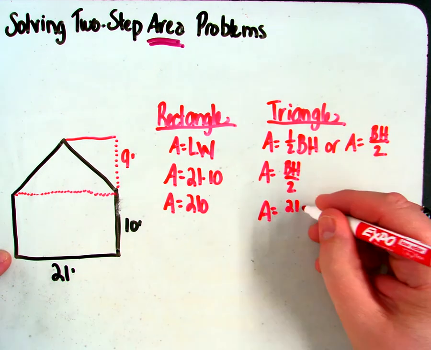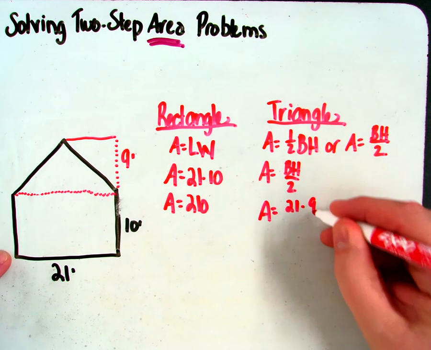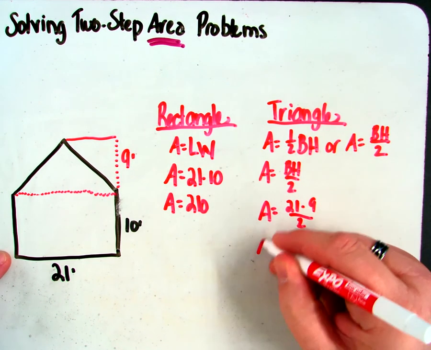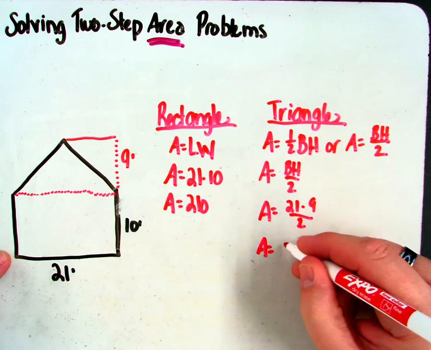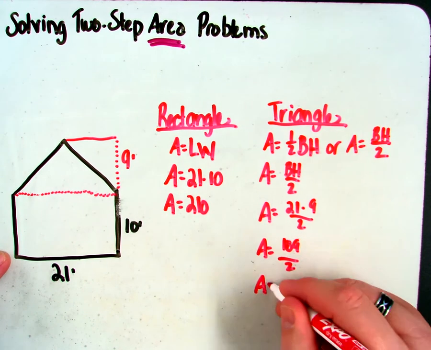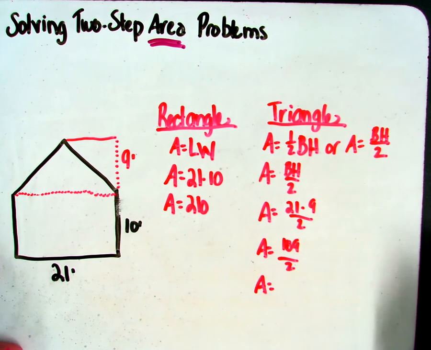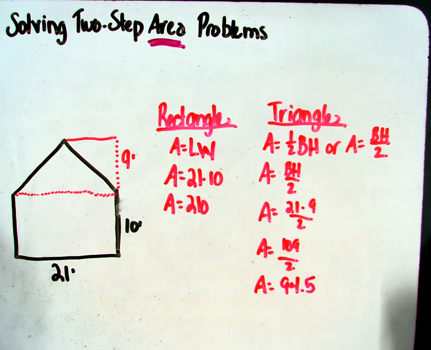Now, what is the height of the triangle? 9. And what is 21 times 9? Yes, ma'am, is 189. And 189 divided by 2 is 94.5.